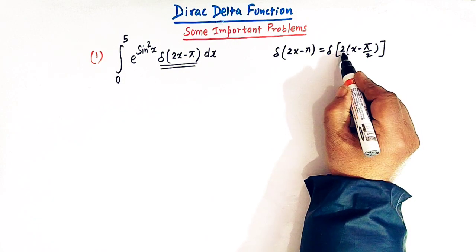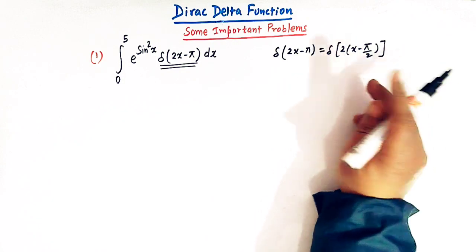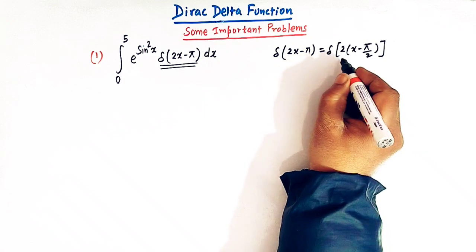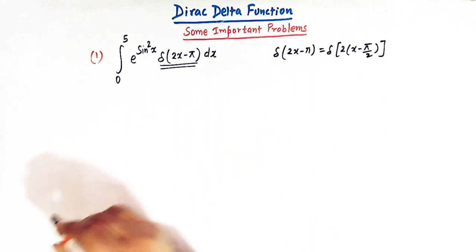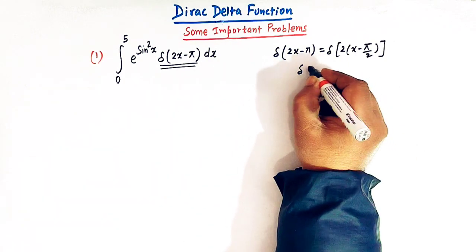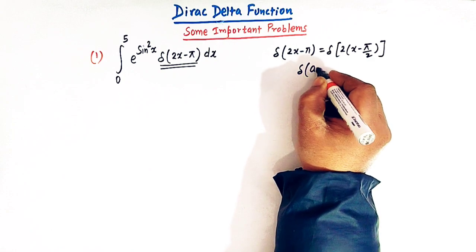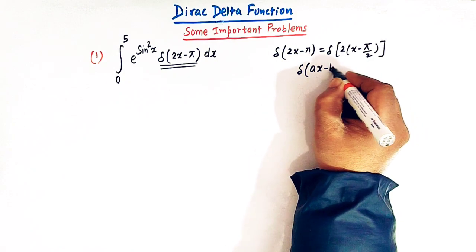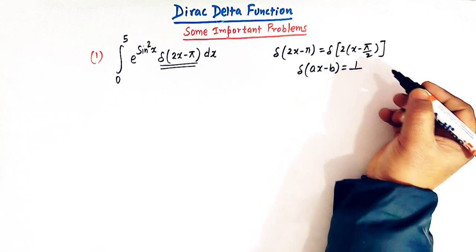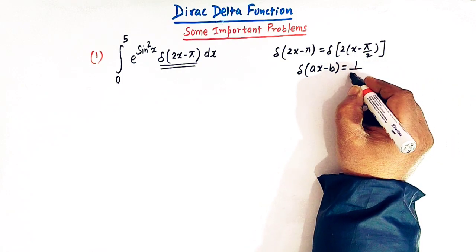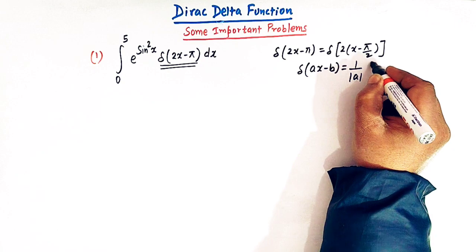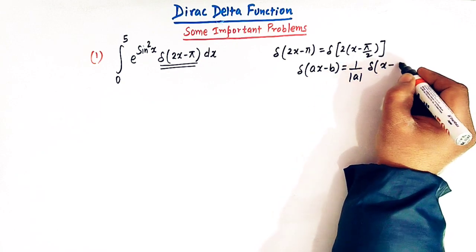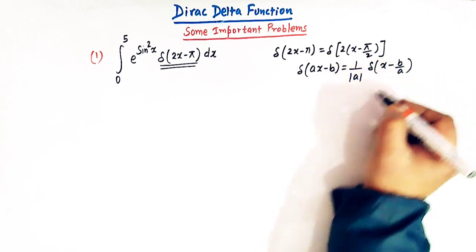So we have delta of 2 times x minus pi by 2, and here we'll apply an important property of the Dirac delta function, which says that if we have delta of ax minus b, then this is equal to 1 over mod of a times delta of x minus b over a.